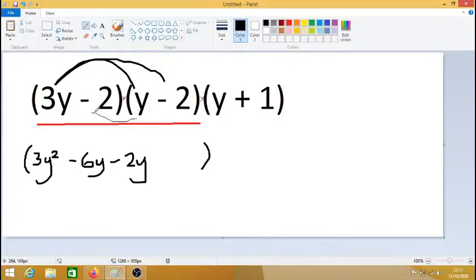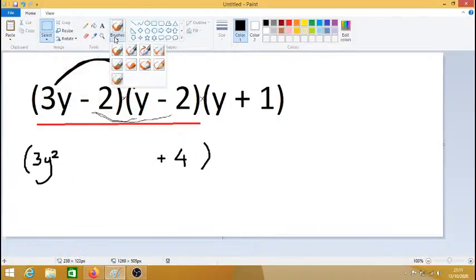And then finally for the first pair of brackets, the minus 2 times the minus 2, and that's plus 4. Try and spot anything that can be made a little bit simpler. In the middle you've got minus 6y and the minus 2y. You want to simplify that. That can become minus 8y. That will save you a lot of work a bit later if you can just spot that now, because that's minus 8y.